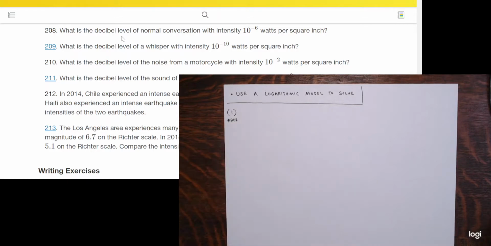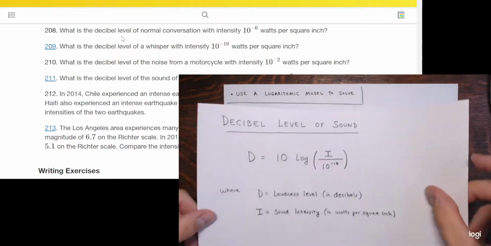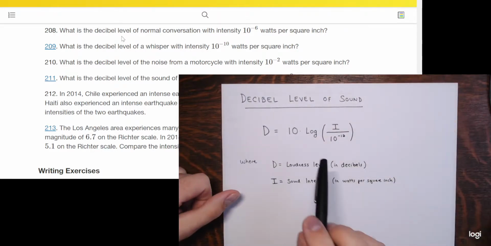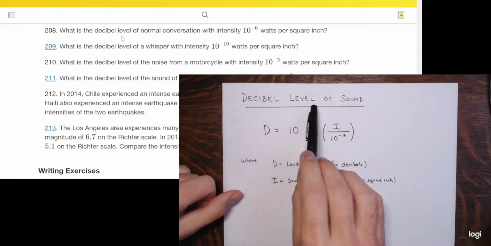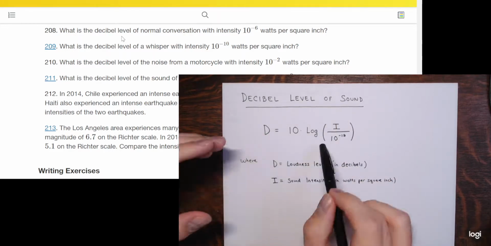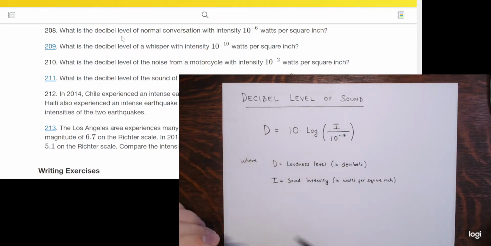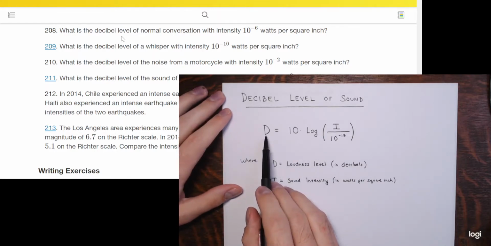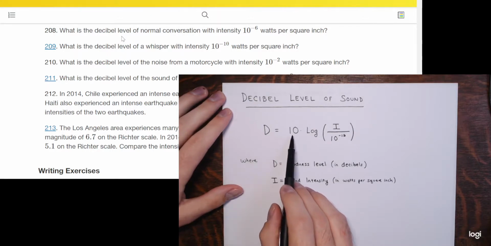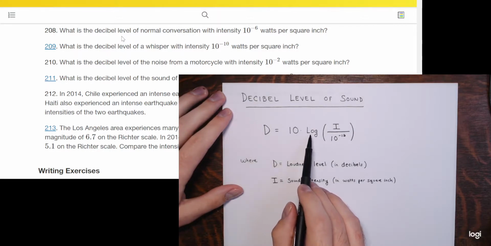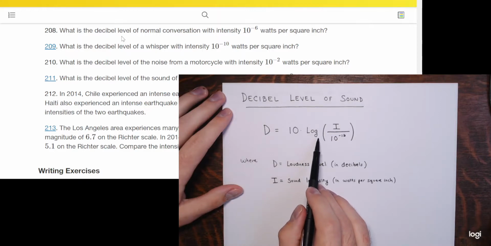The model we're using here, which I've already written out, is the model on the decibel level of sound. Again, this is given to you in that textbook in section 10.3, and it's the following equation. D equals 10 times the logarithm base 10. Remember, when there's no base in this text, it's base 10.